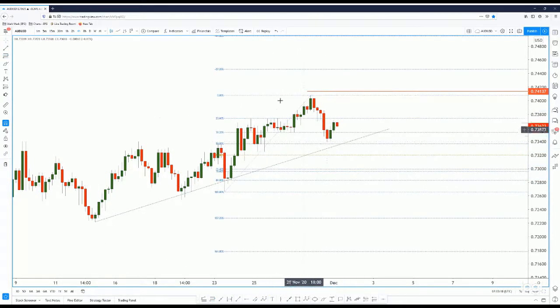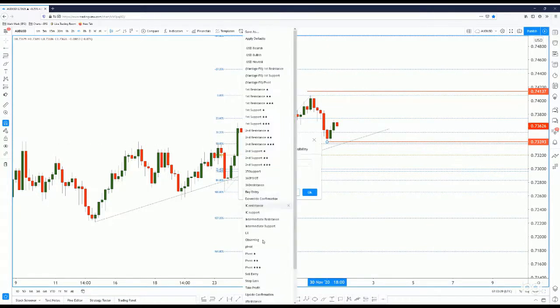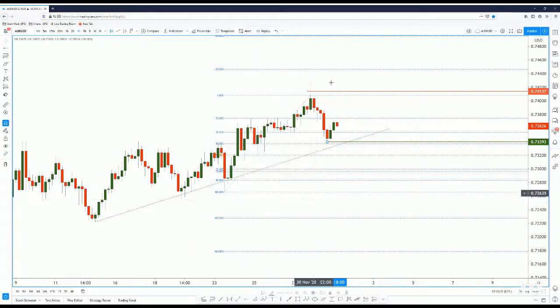We see that it is possible for price to come back down to the 50% level, and the 50% level seems like a very strong support level. So we can use this as support with our target resistance over there.